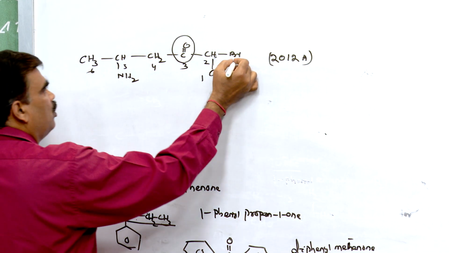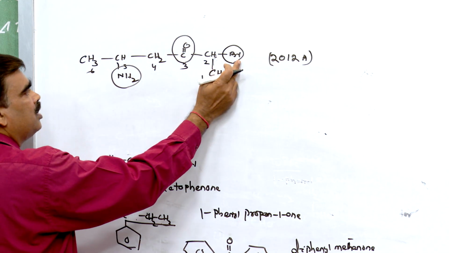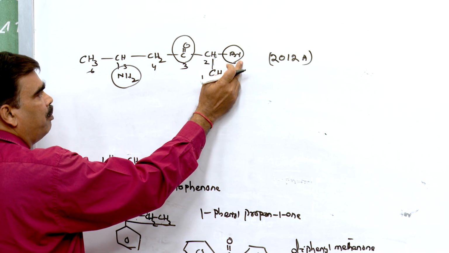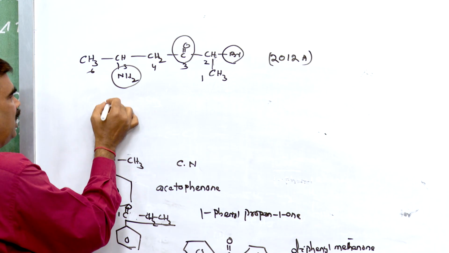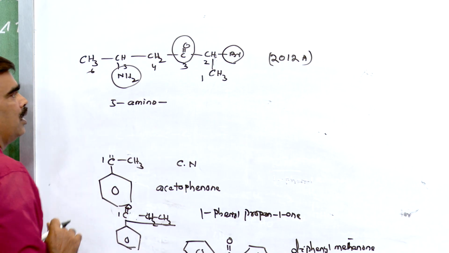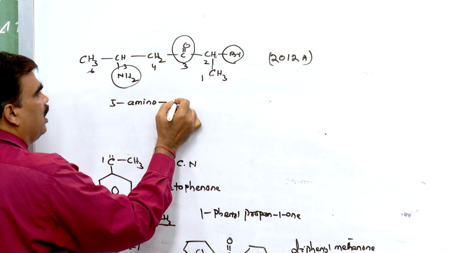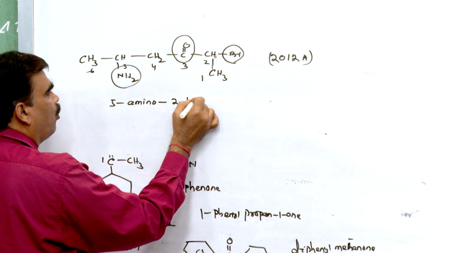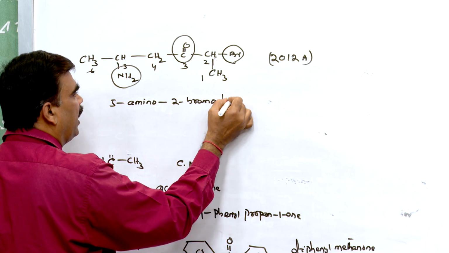So, first you do the prefix. Here it is amino, here it is bromo, B for bromo, A for amino. So, A comes first, means 5-amino. Substitution is continuing, so there must be a hyphen. Next is 2-bromo, right. There are 6 carbon atoms, means hex.